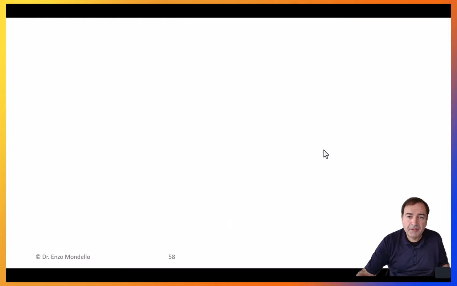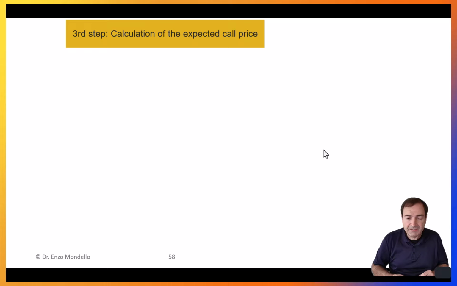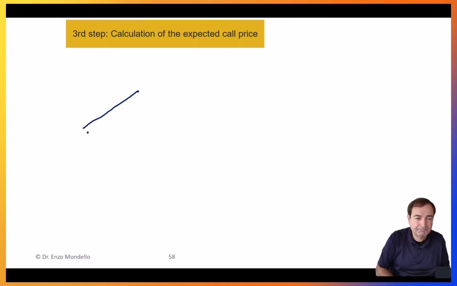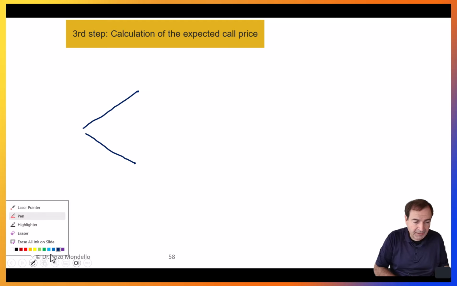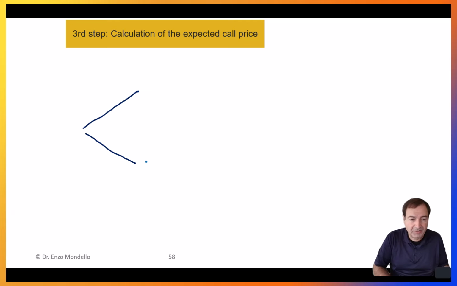The third and last step in the 1 period binomial model is the calculation of the expected call price. To calculate the expected call price, I draw the binomial tree for 1 period. And we know that the share price at the beginning, that is the share price on the valuation date of the Mercedes-Benz Group stock, is 61.15 euros.